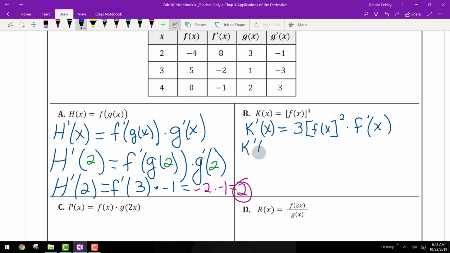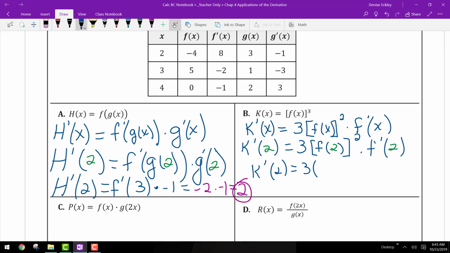So k prime of 2 is going to equal 3 times f of 2 squared, and then f prime of 2. So we get k prime of 2 is equal to 3 times f of 2 is -4 squared times f prime of 2, which is 8.